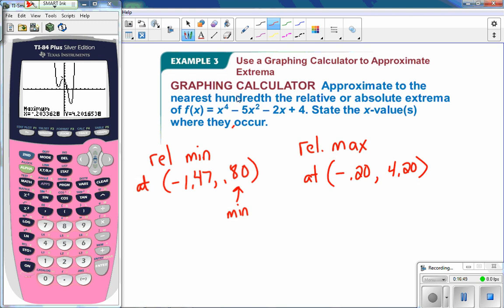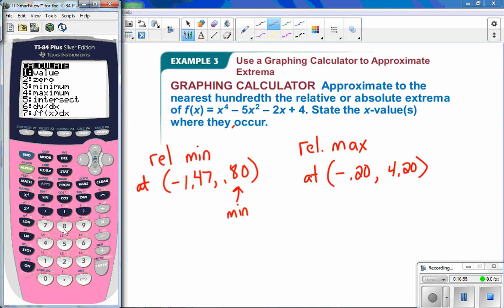Then the last thing I need to do here is one more thing, second calc min, so number 3. Okay, let me clear that. So for my left bound, I'm going to guess a 1. For my right bound, I'm going to guess a 4. And for my guess, I'll put a 3.